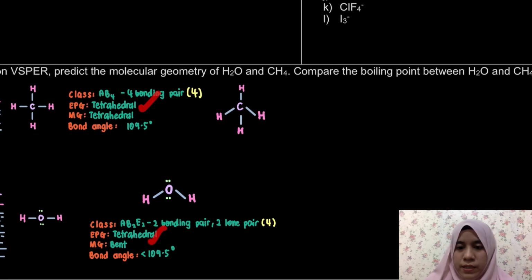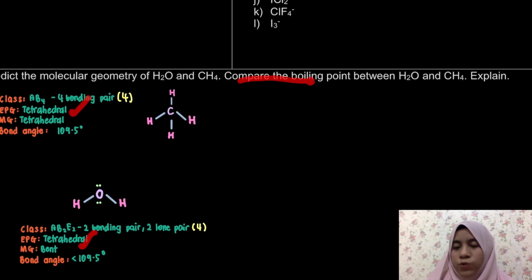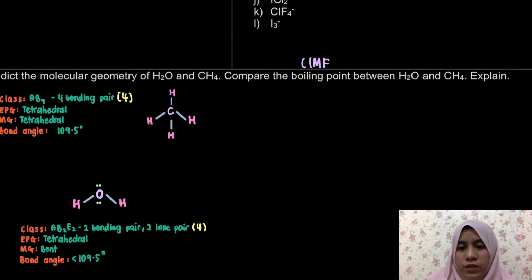Okay, next is compare the boiling point between H2O and CH4. So when we're talking about comparing the boiling point, we're talking about our IMF, intermolecular force. So for intermolecular force, we have to look based upon our polarity. So for a given molecule, what I'm going to draw right now is the dipole moment.